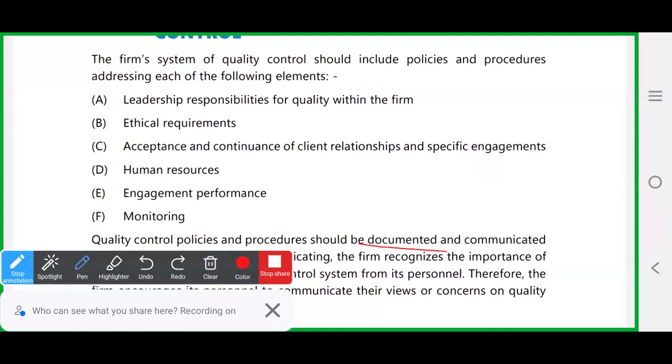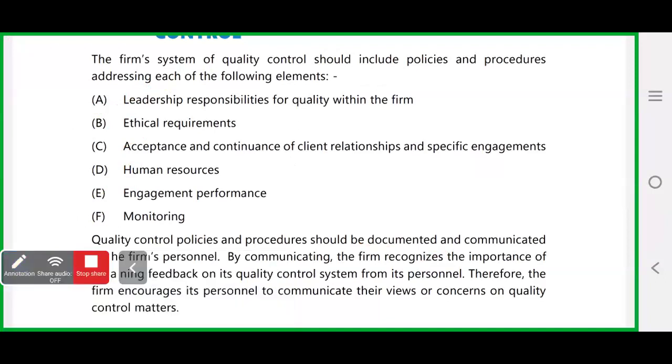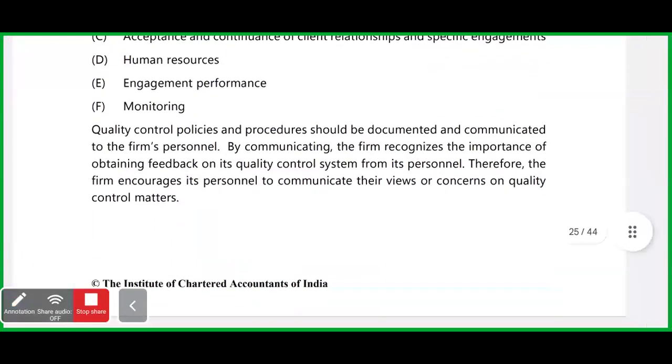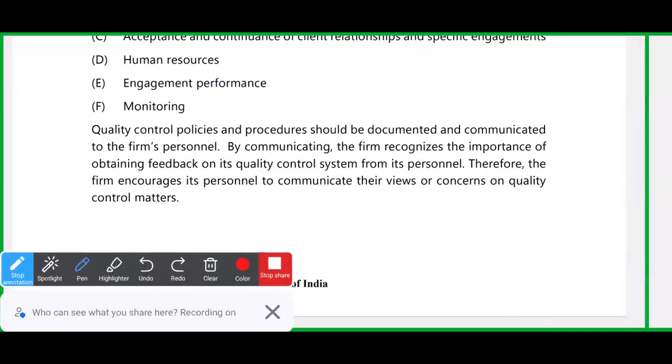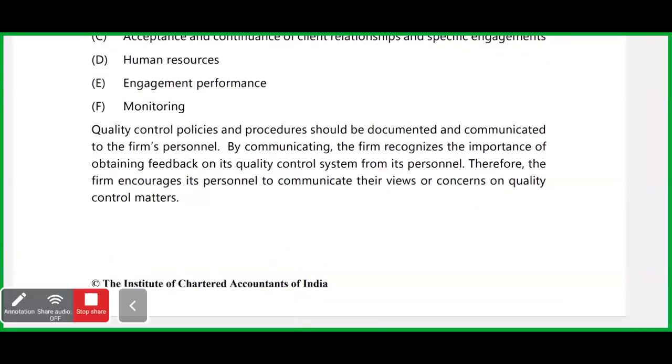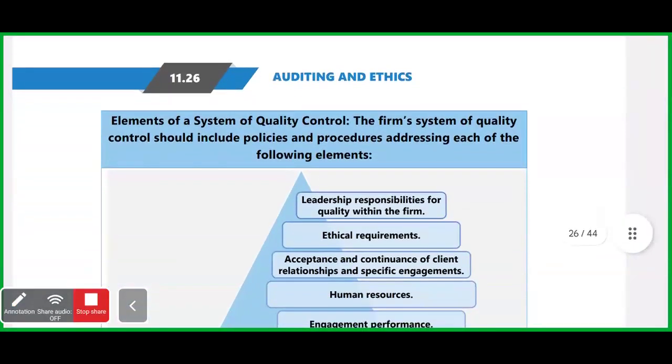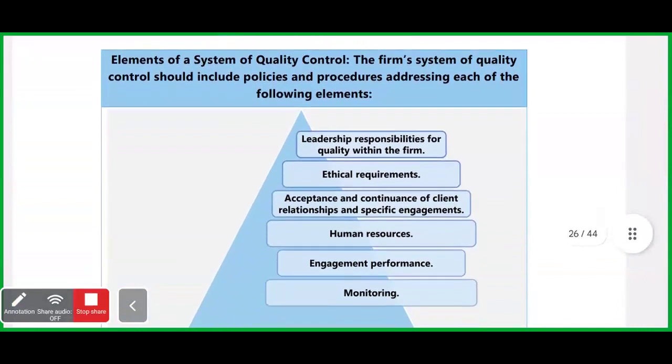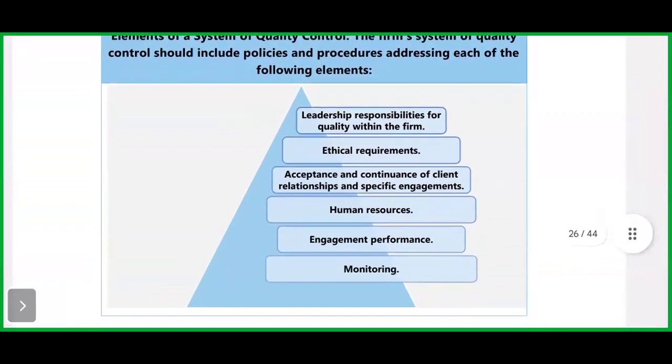It is very, very important that it is documented and communicated. And by communicating, the firm recognizes the importance of having feedback. You are letting the other person know you are open to change anything which is not viable or which is not important here.